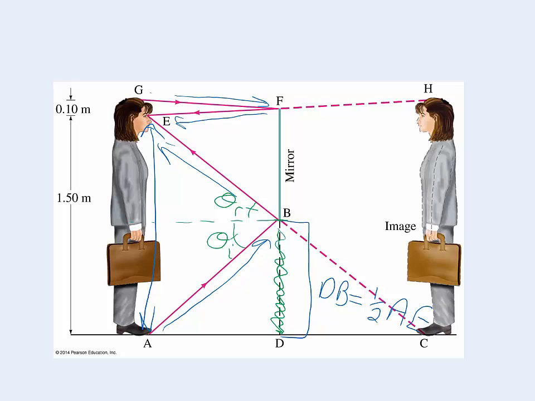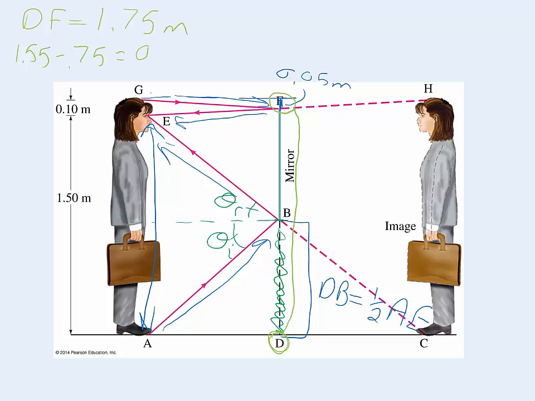Similarly, if we look at the top of her head, the mirror only needs to reach to half the distance from her eye to the top of her head, which would be 0.05 meters, which is point F. So therefore, DF is equal to 1.75 meters. And the mirror needs to have a vertical height of 1.55 minus 0.75, 0.8 meters. And again, the 1.55 comes from it being the height from D to F.